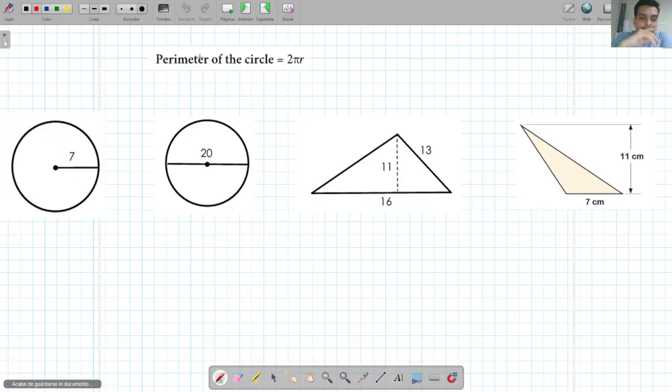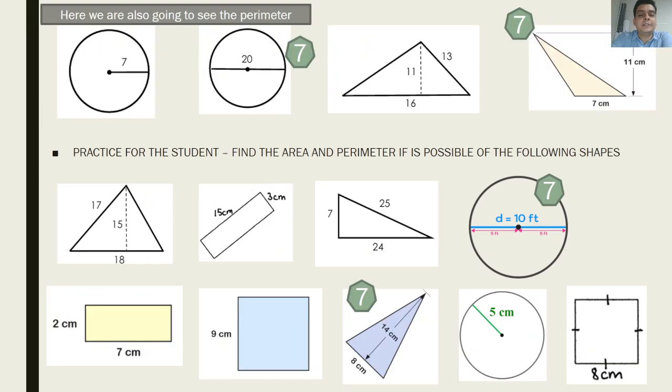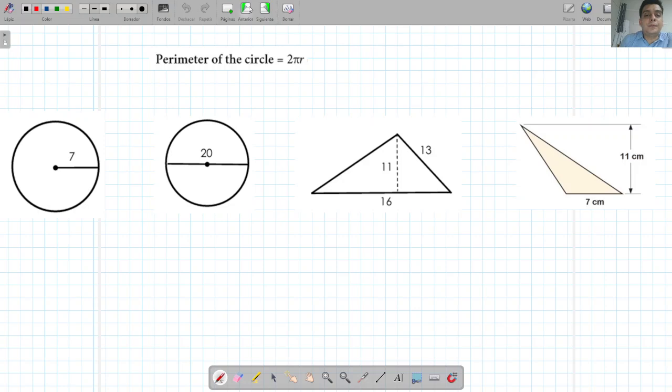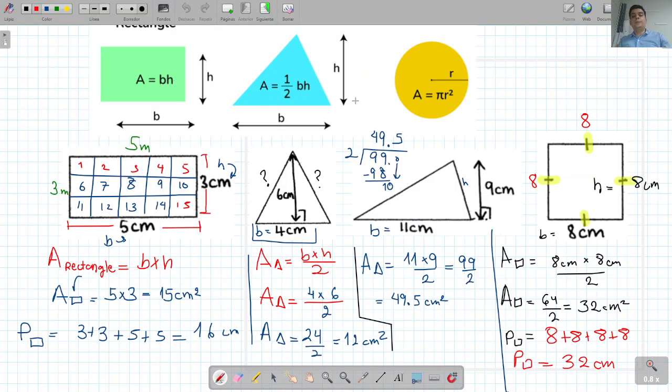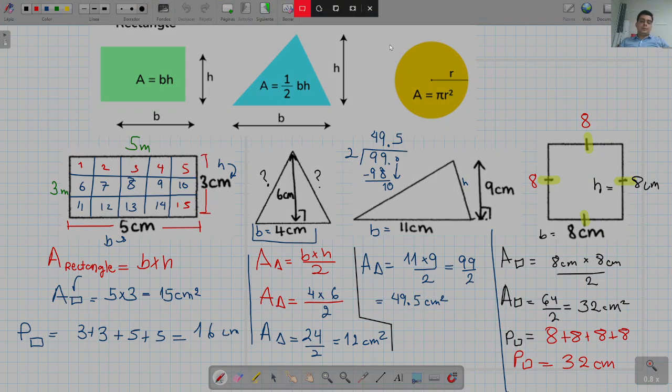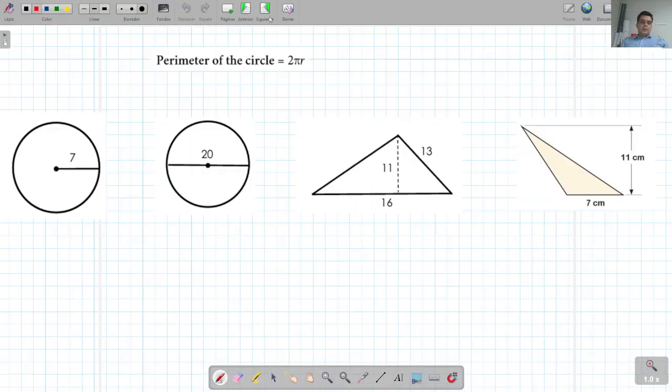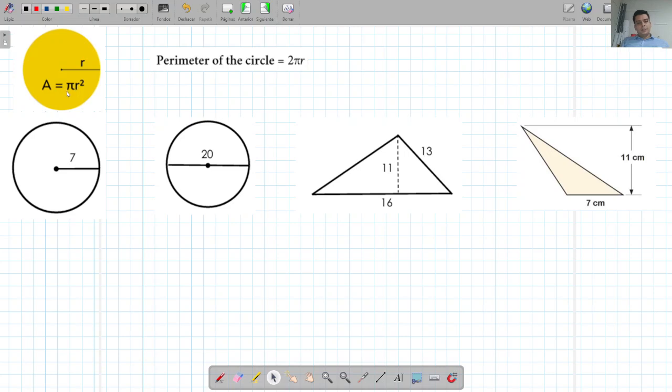Now, for these exercises, we need to check again what the formula for the circle is. The formula for the area of a circle is pi times the radius squared. What is the radius?